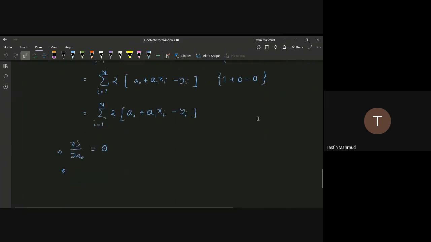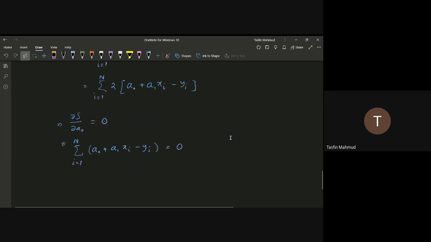By equating it with 0, we can divide out the 2. So the thing that we will get is the summation for i equals 1 to n of a naught plus a1 xi minus yi equals 0. Okay, so we are equating this with the 0 term.